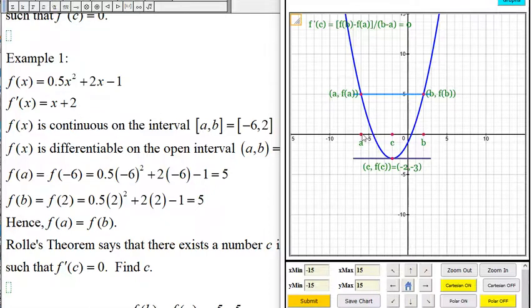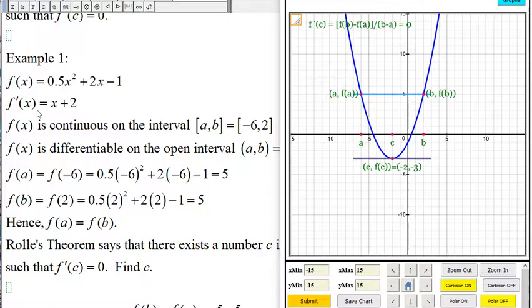If we look at the graph from negative 6 to 2, this is a, this is b. We see that the graph is continuous on the interval from negative 6 to 2. So this function is continuous on the closed interval from negative 6 to 2.